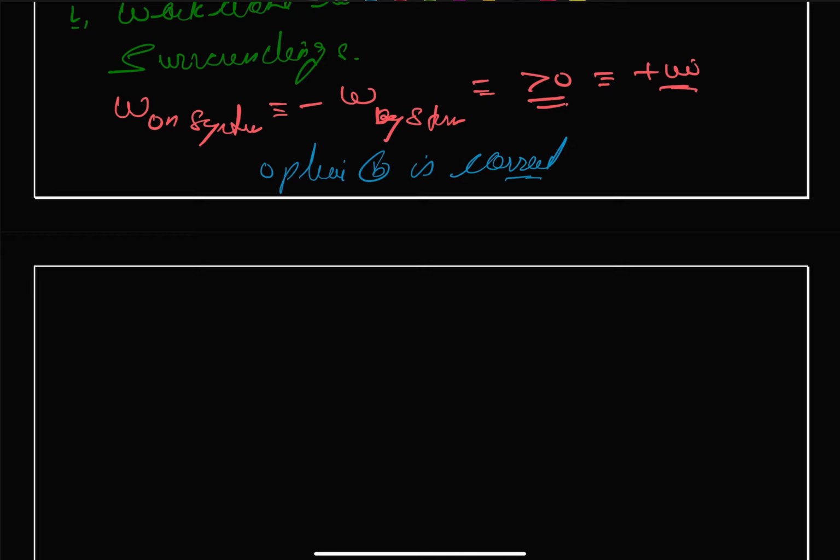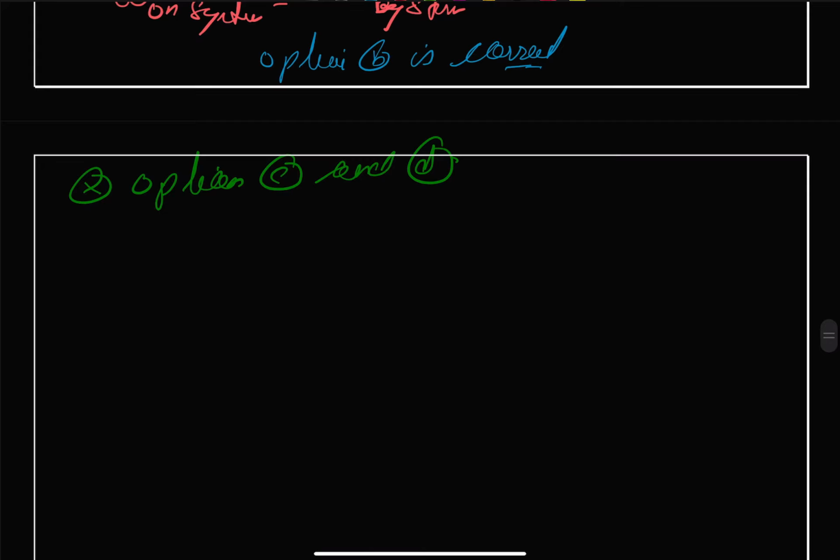And now we come to our option C and D, which is basically internal energy, and we can use our first law of thermodynamics, which gives us that our delta U is equal to Q minus work done by system.